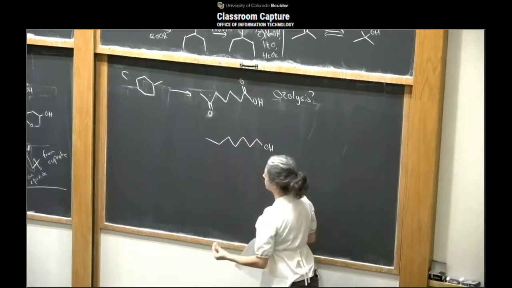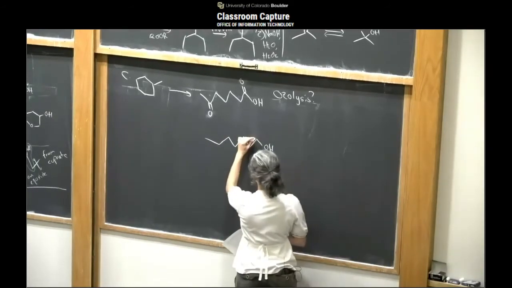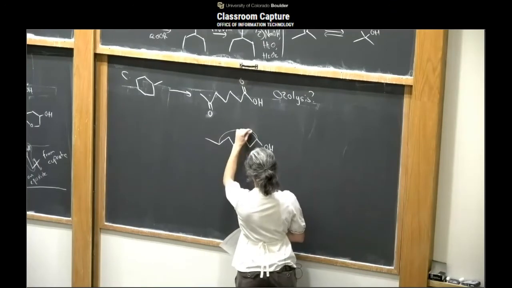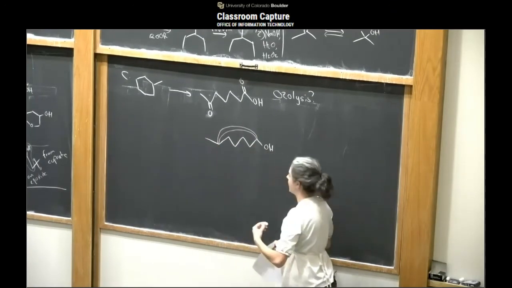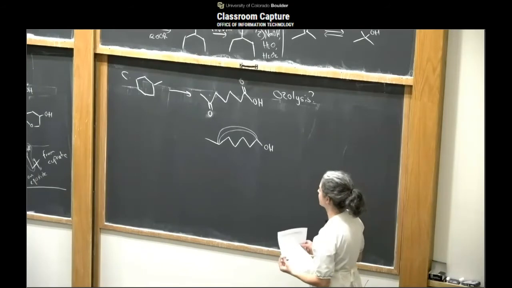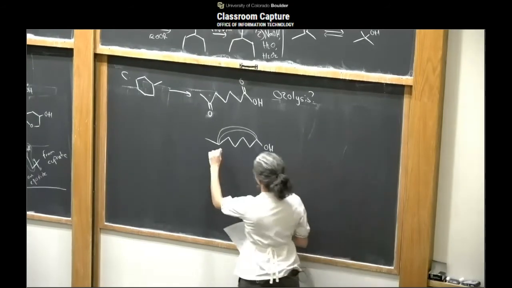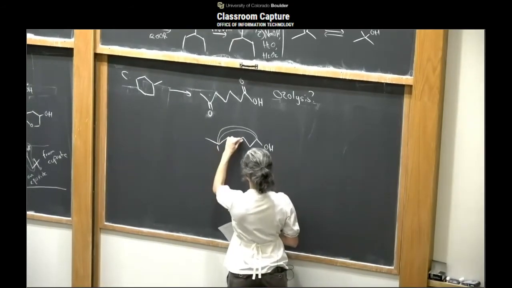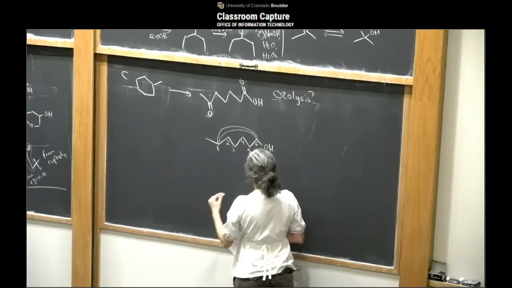So those two carbons must initially have been double bonded to each other. Something like that, although let's redraw that as an actual sensible looking ring. So we've got carbons 1, 2, 3, 4, 5, and 6.